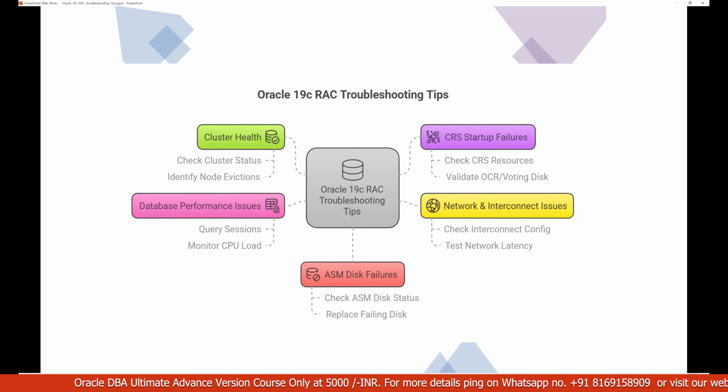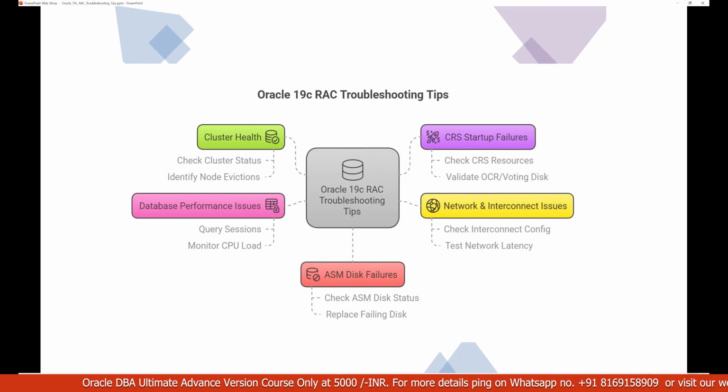Apart from this, there can be a scenario where the database performance is impacted because of some query at the session level or due to high CPU utilization at the server level. Okay, so this can fall under another category of database performance issues.